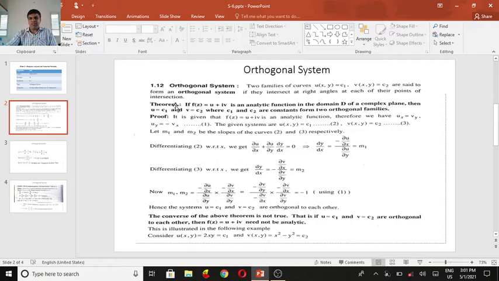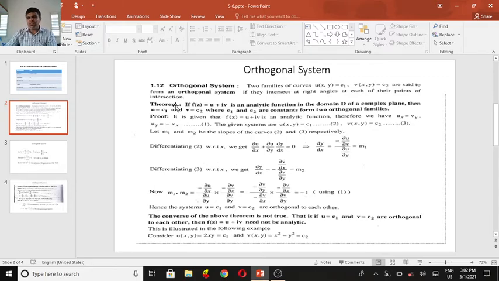So we prove the theorem: if f of z equal to u plus i v is an analytic function in the domain D of the complex plane, then u equal to c1 and v equal to c2, where c1 and c2 are constants, form two orthogonal families.